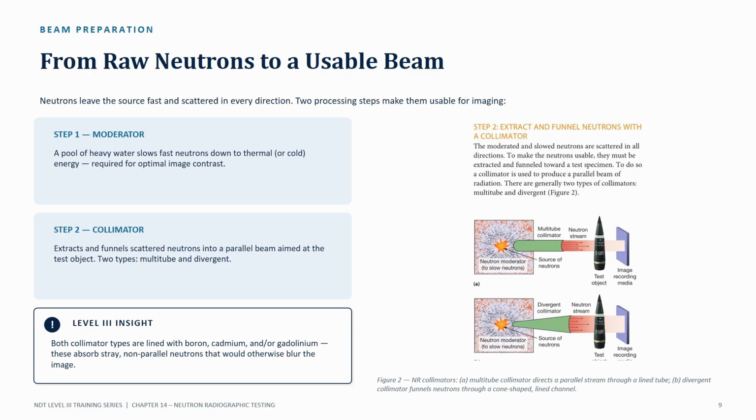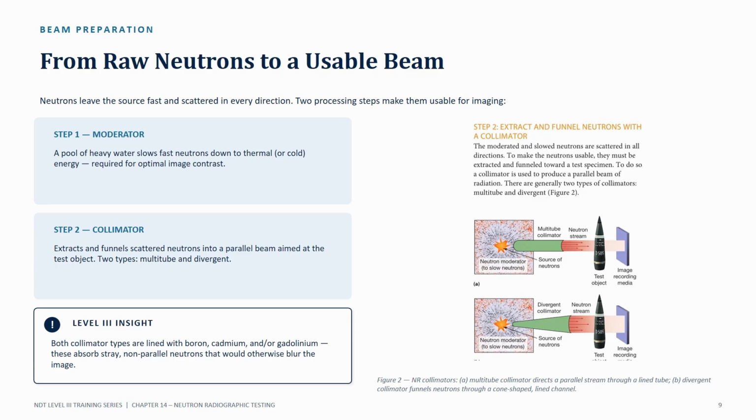If we were to expose a test object directly to these fast, randomly scattered neutrons, the resulting image would have poor contrast, excessive blur, and very little diagnostic value. Before we can produce a useful radiograph, the neutron beam must be conditioned. This beam preparation consists of two essential stages: moderation and collimation. Let's begin with the moderator.